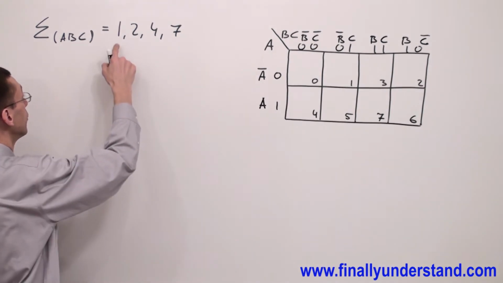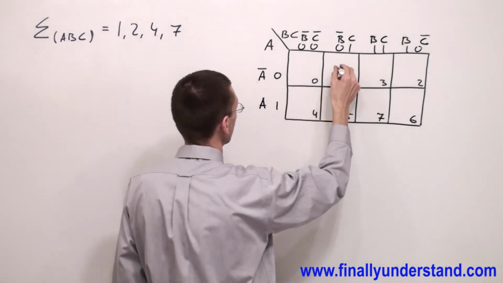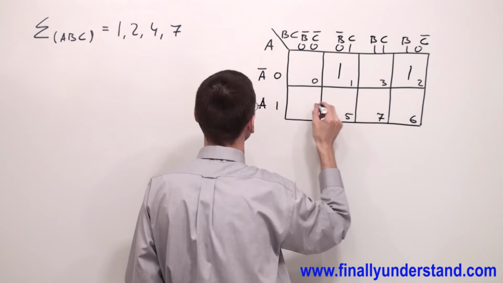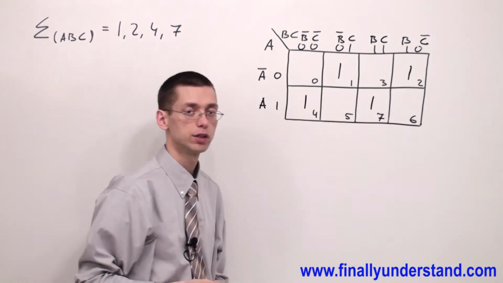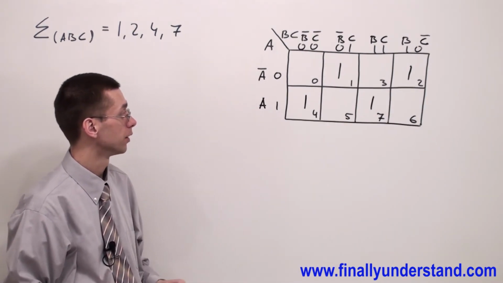I have ones in the following cells: 1, 2, 4, and 7. Someone is going to say, uh-oh, how are we supposed to solve this problem?